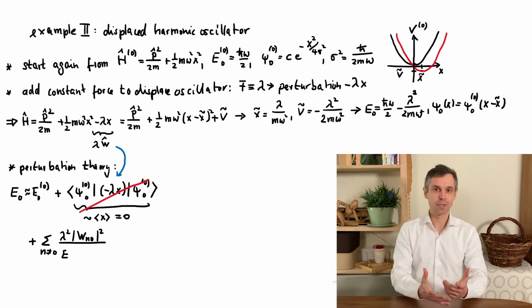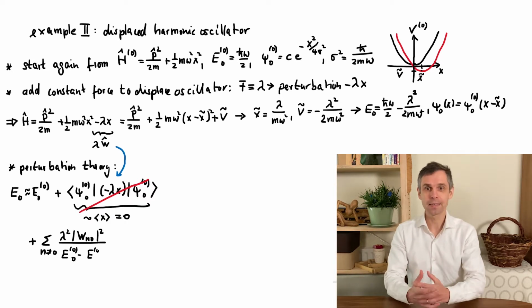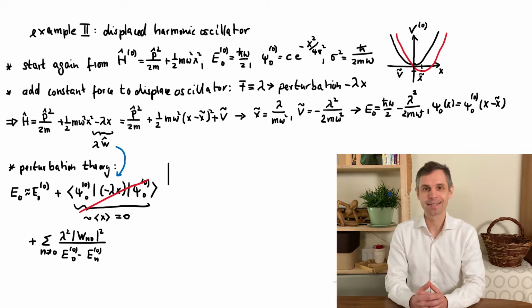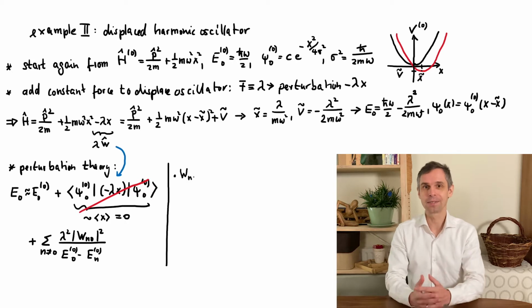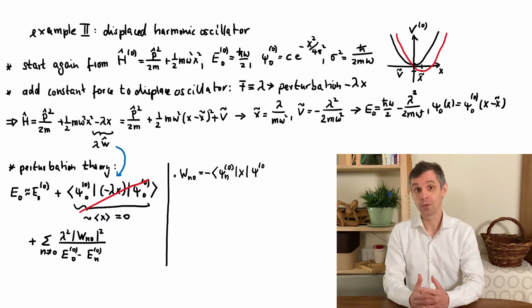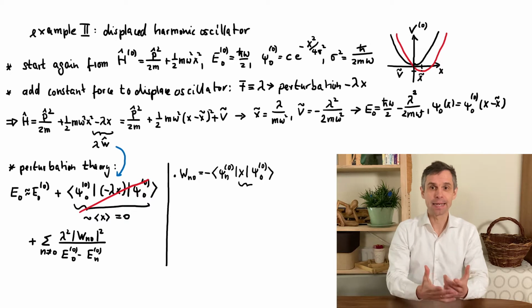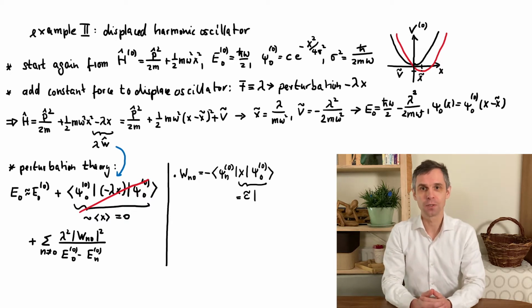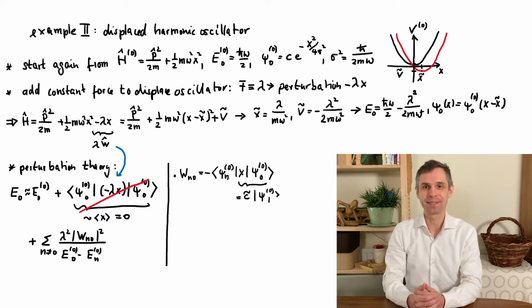In general, this expression involves all the other eigenstates of the system and their energies. Fortunately, in the present problem, it simplifies a lot when we have a look at the matrix elements of the perturbation. Only a single matrix element turns out to be finite, so we are really fortunate here. You see this when you recognize that x times the ground state is just proportional to the first excited state of the original system.